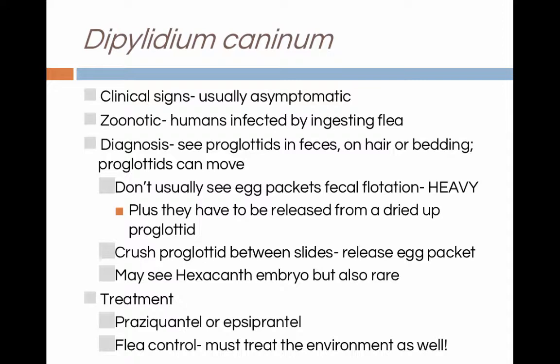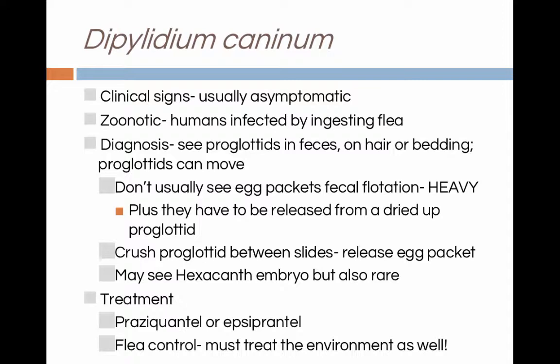We could also do what kind of test? There should be at least one group in the audience that knows which test I'm talking about. Sedimentation, correct. So that would be where we would centrifuge our sample down and then be looking at what is forced to the bottom of our centrifugation tube.